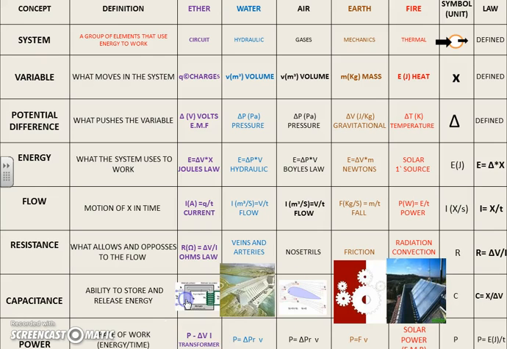And the last concept that we need to understand is the concept of power, meaning rate of work. Energy divided by time. If we talk about electricity, we're talking about transformers. They transform voltage. They could step up or step down the voltage.